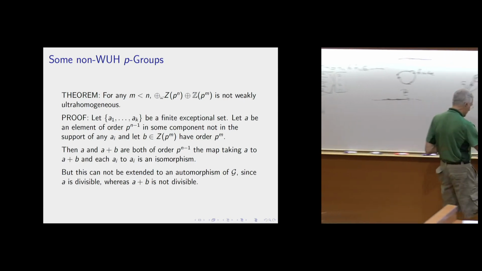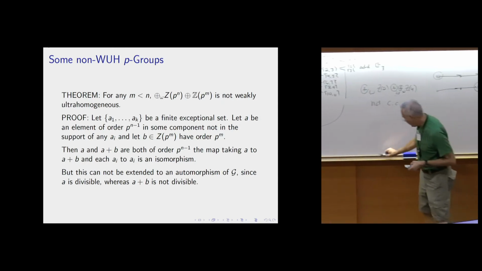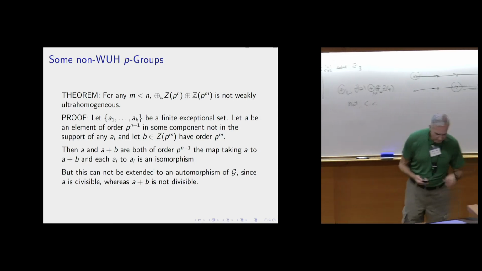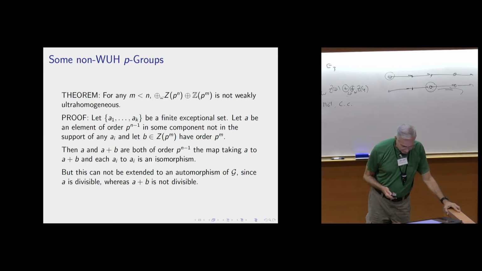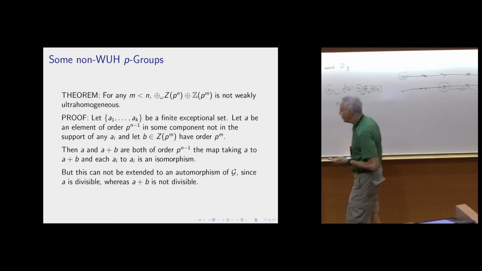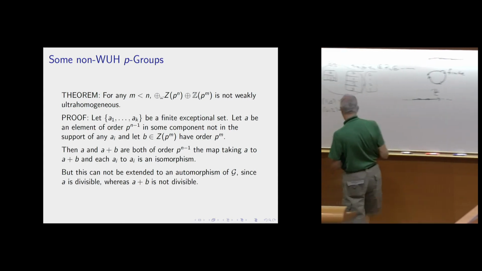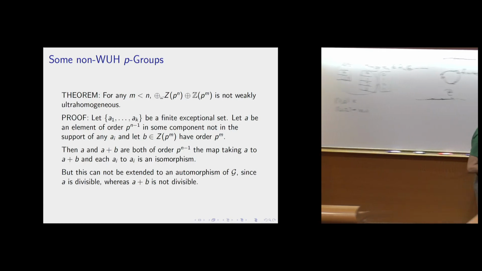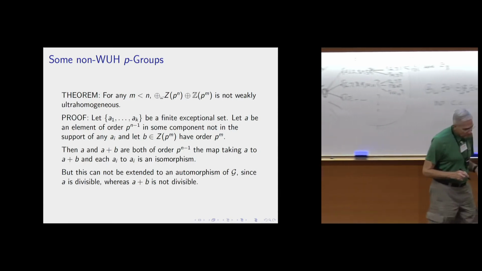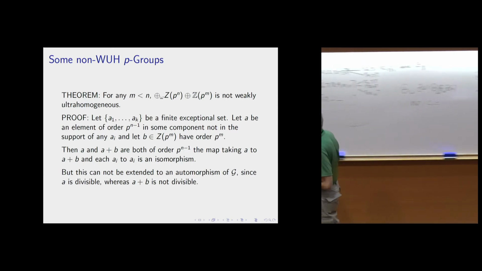And then the same argument. You can just extend this argument a little bit. In this case, you're actually looking at the order 2. Let's see, what if I look at A plus B? So you're looking at the element of order 2.